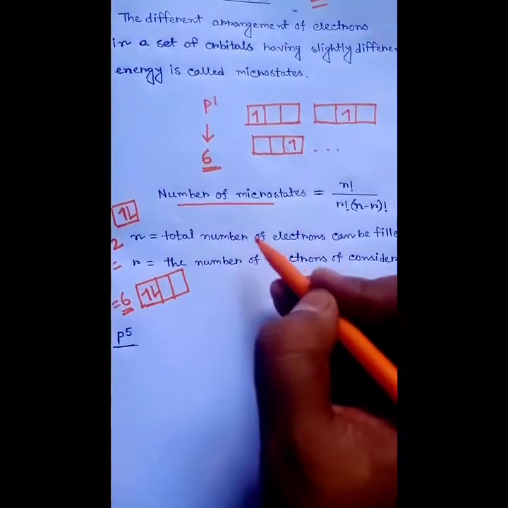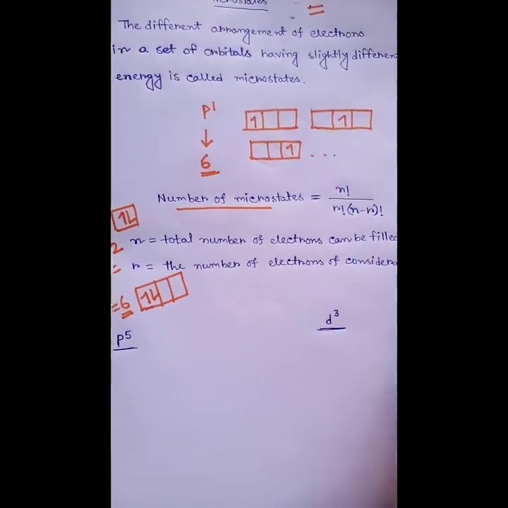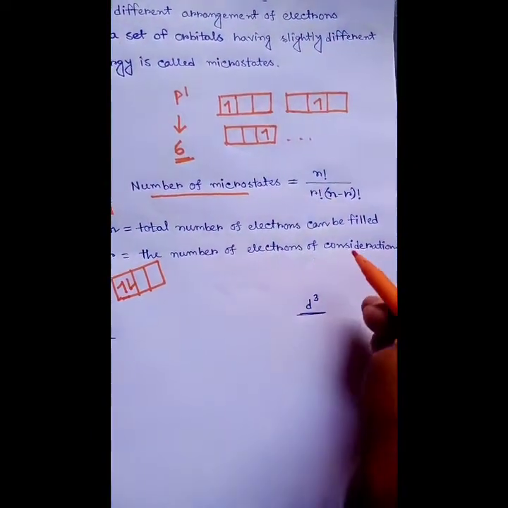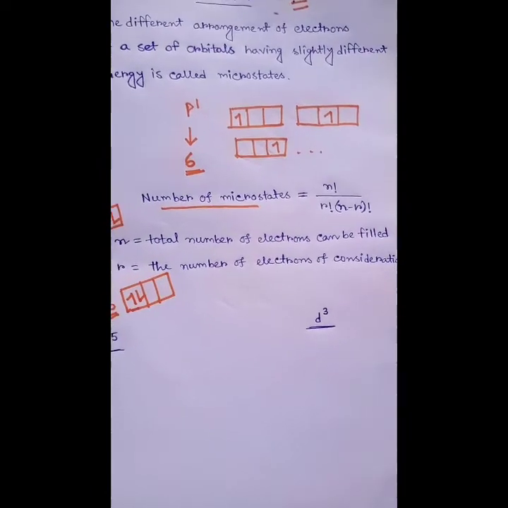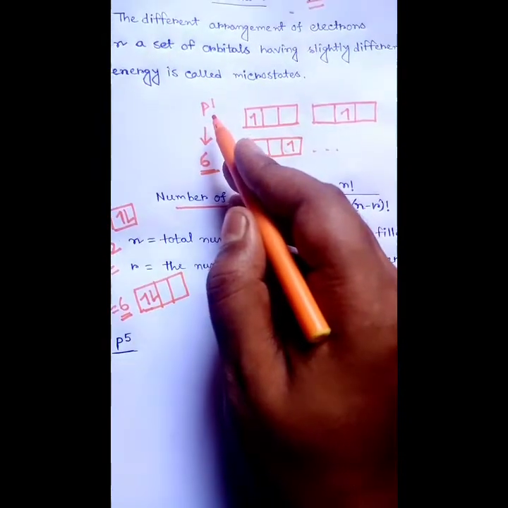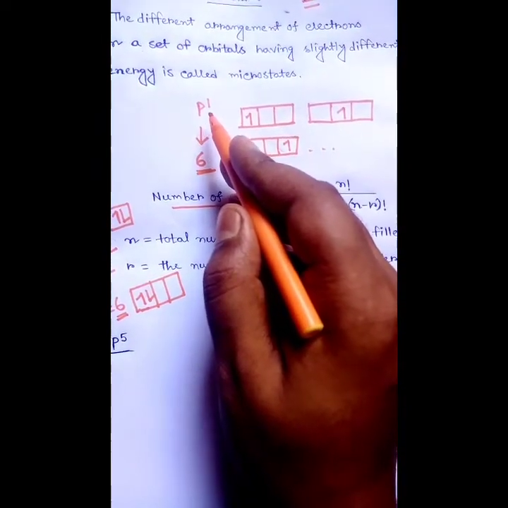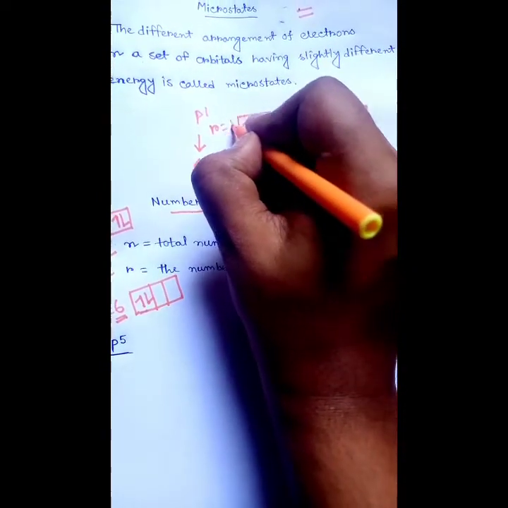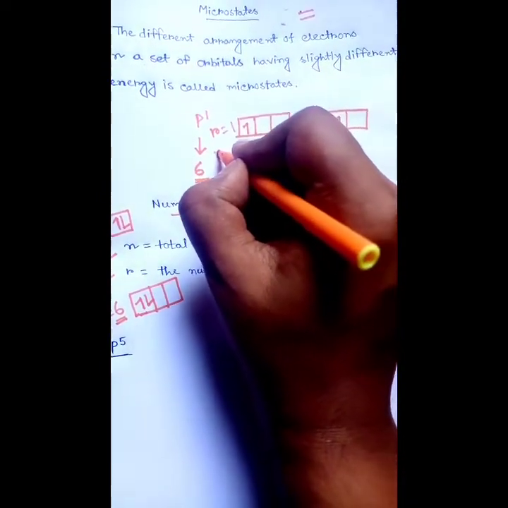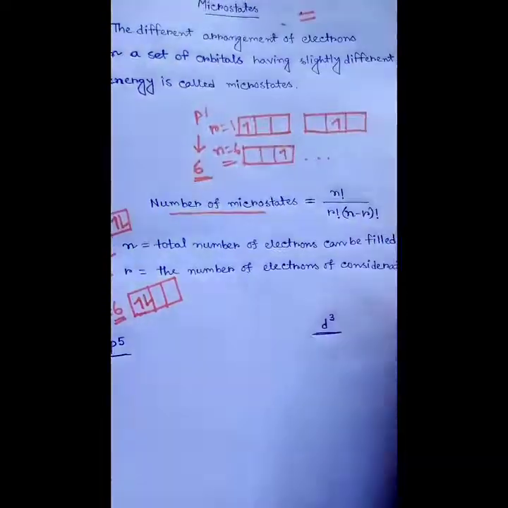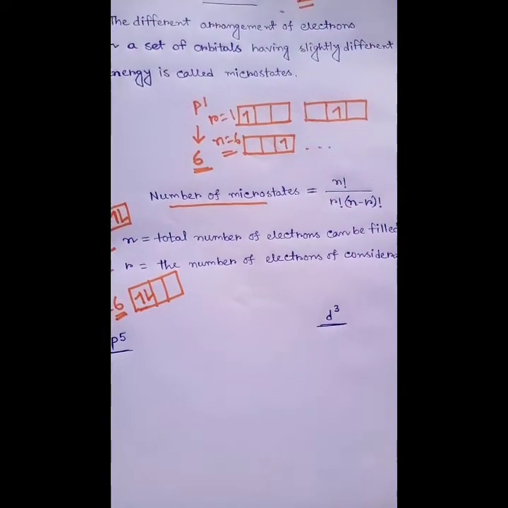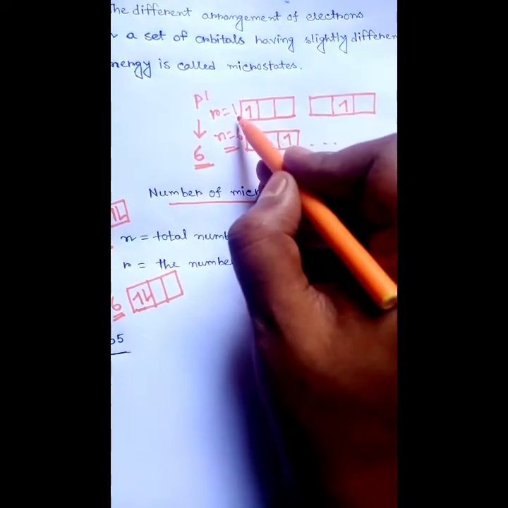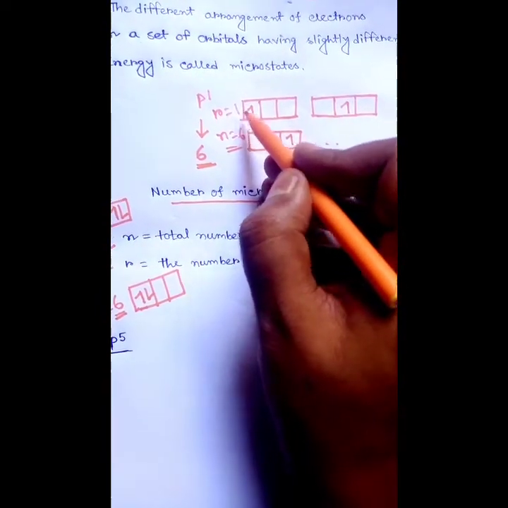So n means the total number of electrons that can be filled. And what does r mean? R means the number of electrons under consideration. Here I said that one electron is present in the p orbital, so here r equals 1, but n equals 6, as it is the p orbital. So 6 electrons can be occupied, and our consideration is 1 electron. That's why in this case r equals 1.